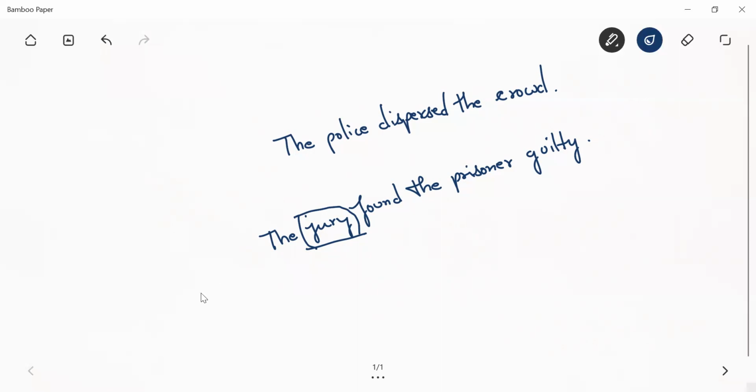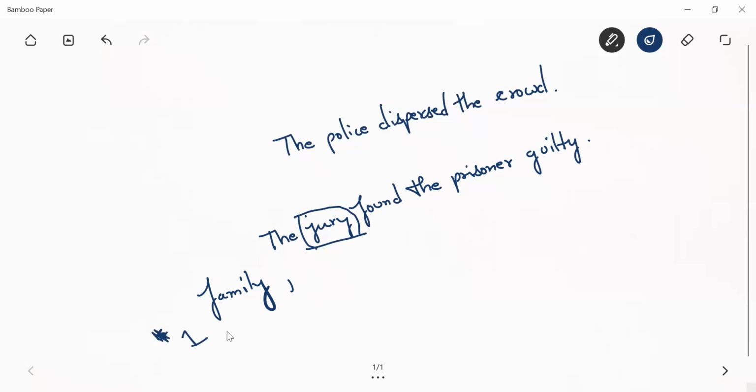Family. Does family come under collective noun? Yes, it does, because a family is made up of a number of members. Do we say family if there is one person?